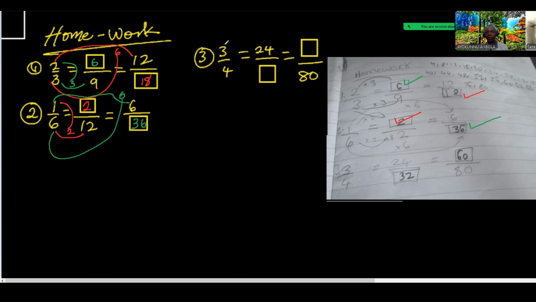Then the final one, 3 times something, that's times 8 gives us this. So 8 times 4 gives us 32. And the final one, 4 times 20 gives us 80. Then 20 times 3 gives us 60. Such that if we reduce them back, they give us the original fraction. So your work is excellent, okay?